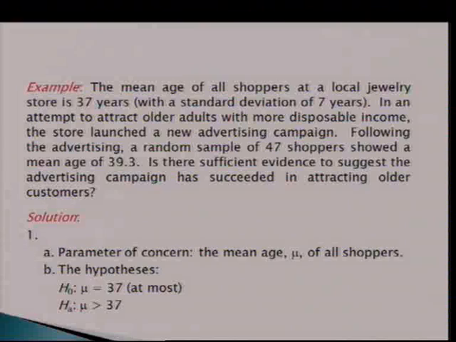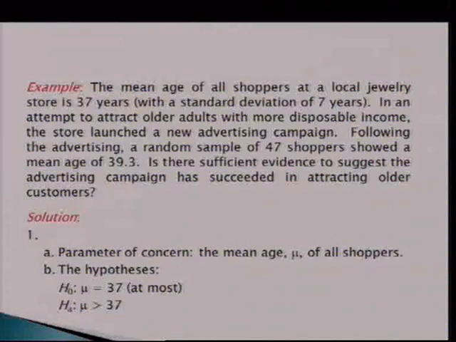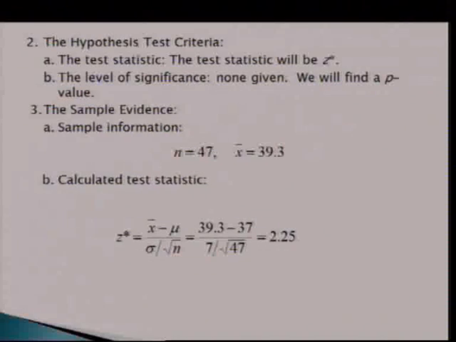So the first step, as usual, is to define our null hypothesis and alternative hypothesis. The null hypothesis is mu equal to 37, and the alternative hypothesis is that it is greater than 37. For the test statistic, since we have taken n equal to 47, more than 30, and the standard deviation is known, we are going for the Z score, that is Z star.